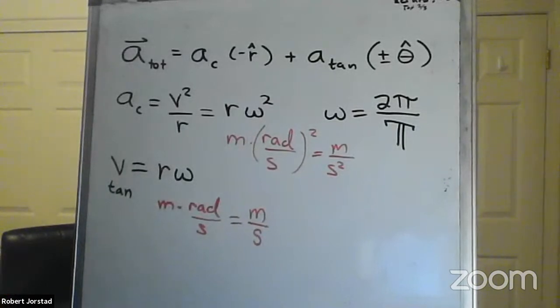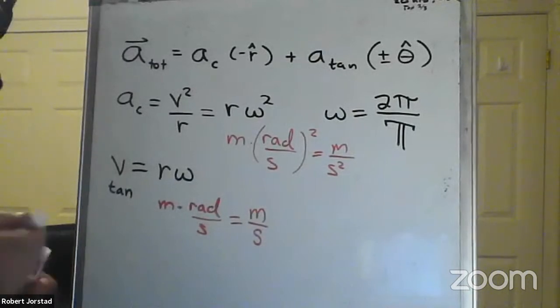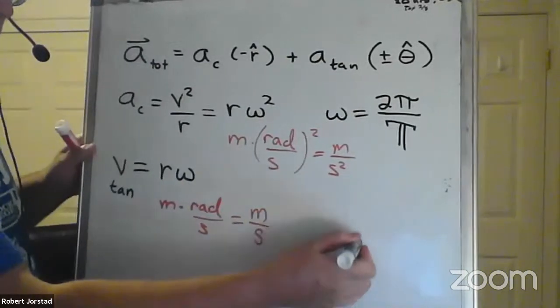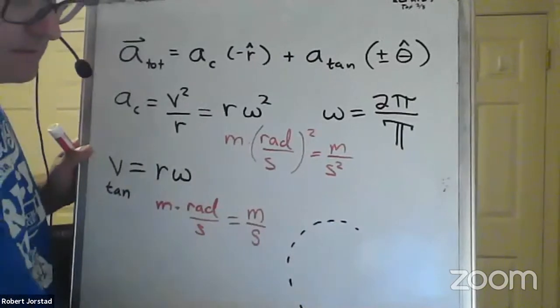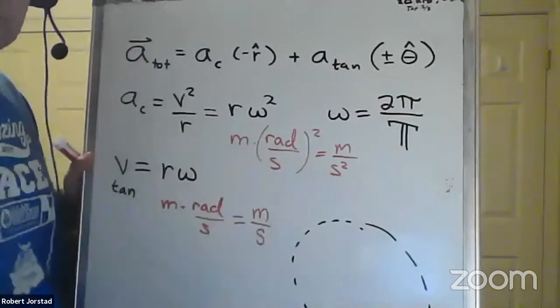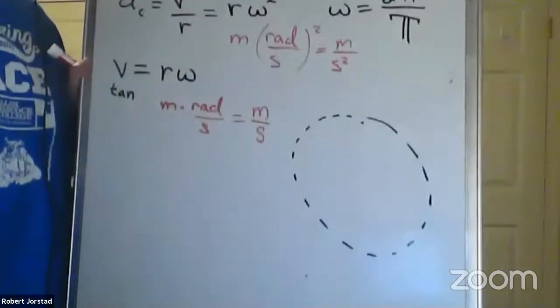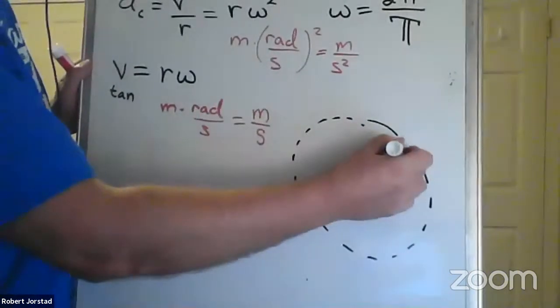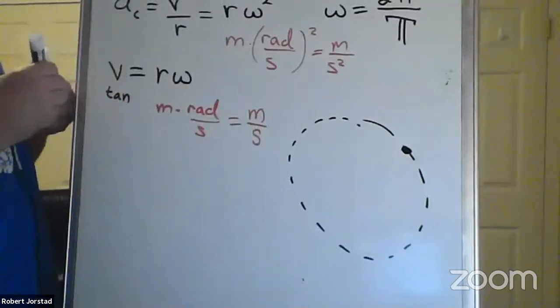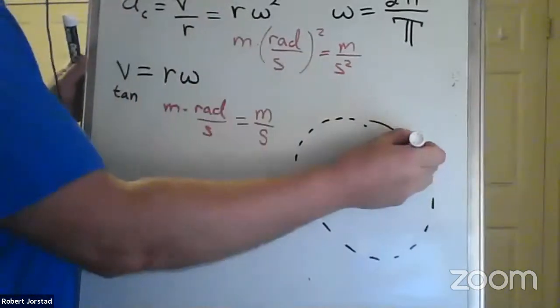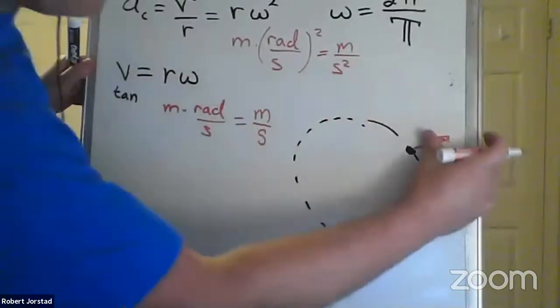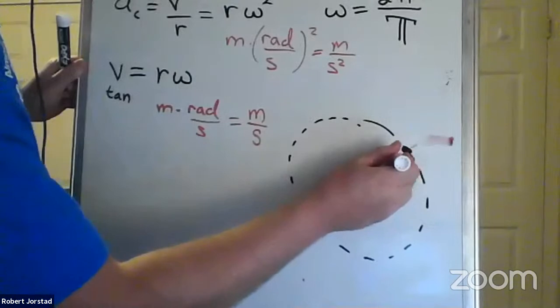Let's see. What else did I want to say about this? Generally speaking, we talked about some coordinate systems. So if you have something moving in a circle here, and you're at some arbitrary spot, we mentioned r hat is going to be, whoops, that's not quite outwards.